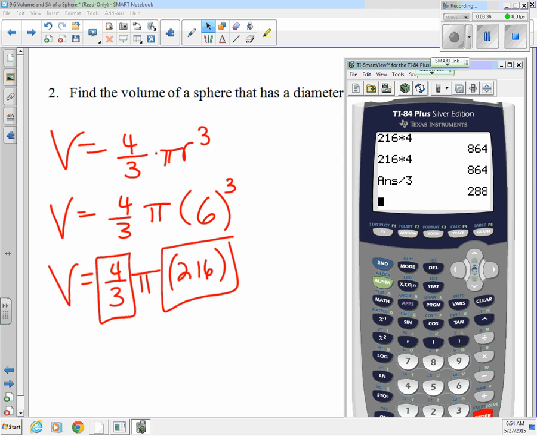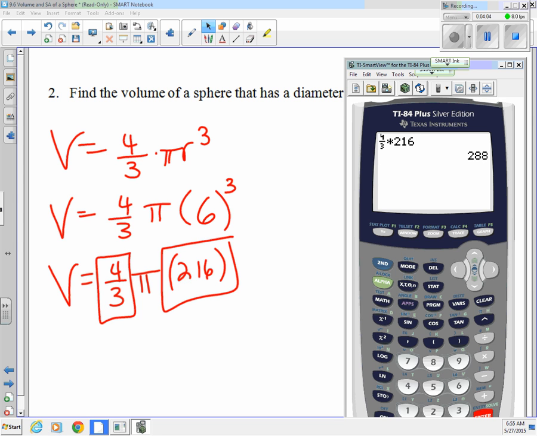So if you press alpha, which is the green key, y equals, and enter, you get a fraction in the calculator. Whoops, I don't know what's happening there. Okay, sorry about that. Let me just do that one more time. Alpha, y equals, enter, and you get a fraction. You can do 4/3. And just to get out of the bottom of the fraction, just press the right arrow times 216, and you get 288 that way.